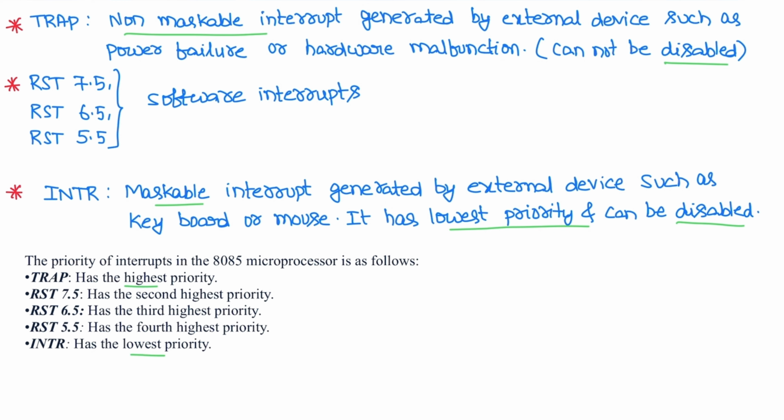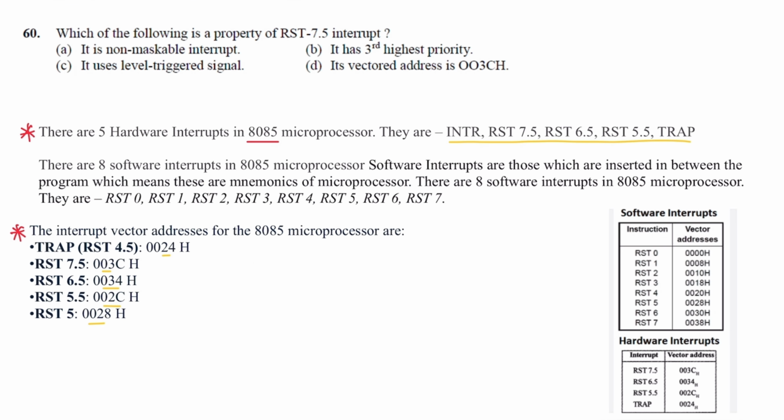Trap and INTR are hardware interrupts. Similarly, in 8085 there are 8 software interrupts, RST 0 to RST 7, and the vector addresses are mentioned in the table. For RST 0, the vector address is 0000H, and for RST 7 it is 0038H. For RST 4 software interrupt, it is 0020H.